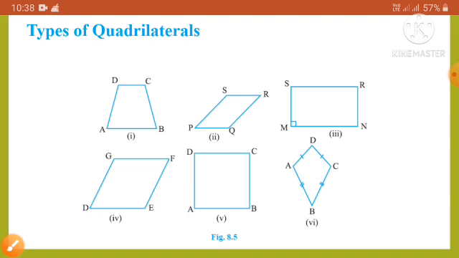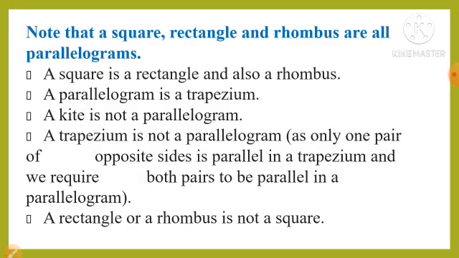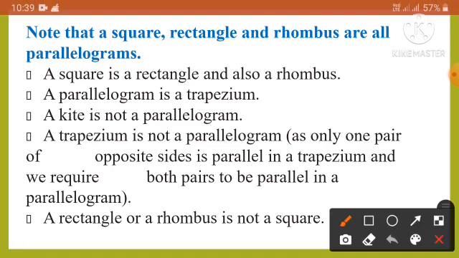So note that a square, a rectangle and a rhombus are all parallelograms. So a square is a rectangle and also a rhombus, a parallelogram is a trapezium, but a kite is not a parallelogram.